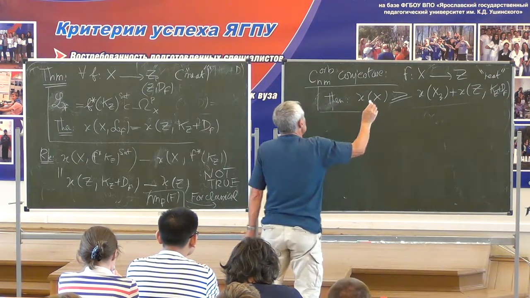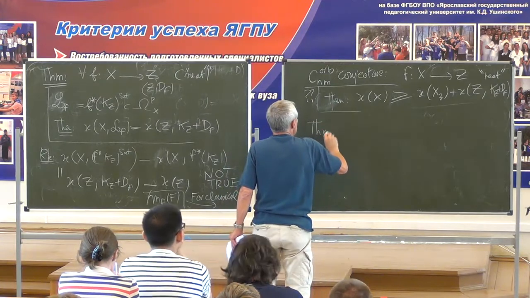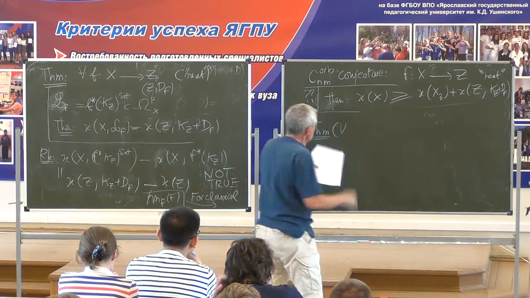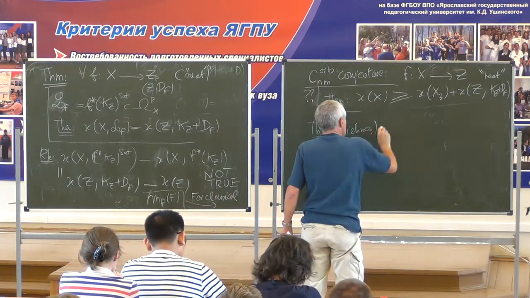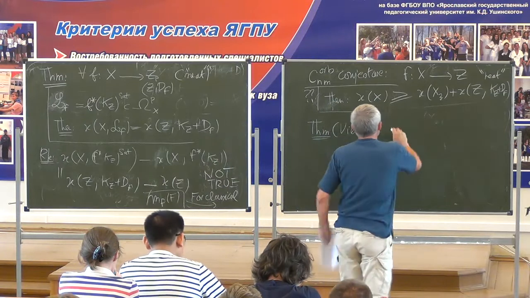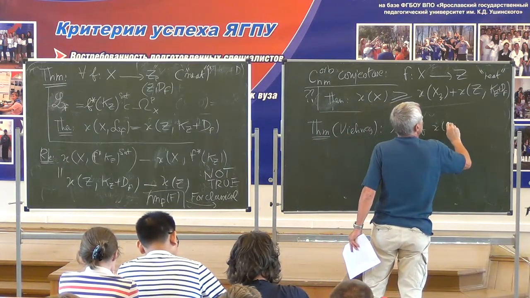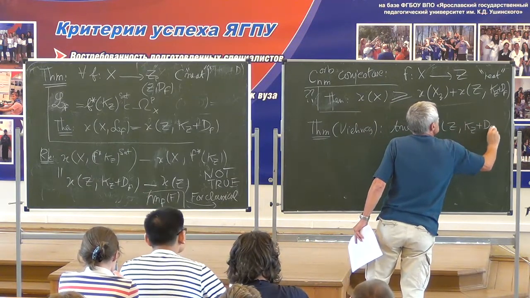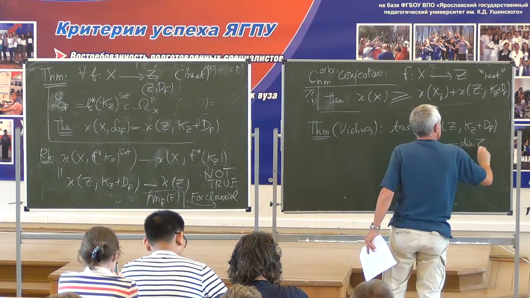And so this is open. But now this is a theorem, and the proof is essentially a variation of Viehweg's, which tells that this is true if kappa of z and then kz plus df is equal to the dimension of z.